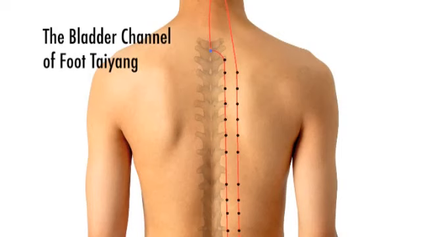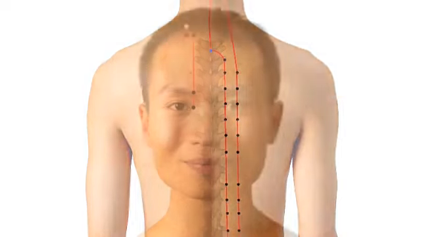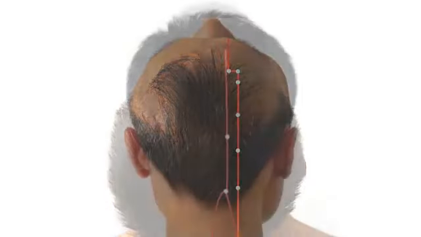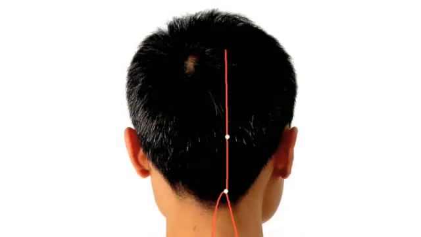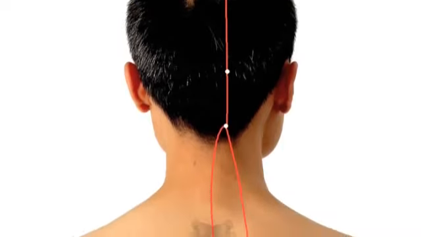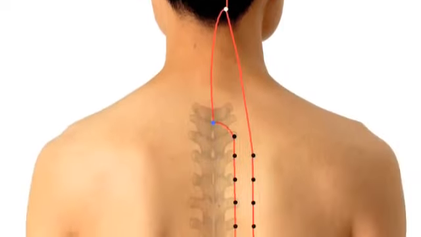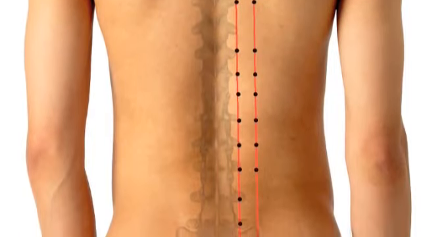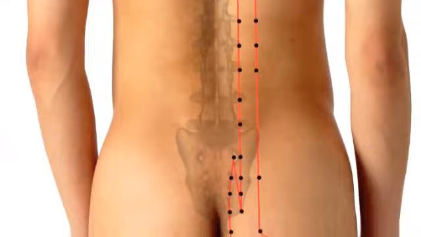The bladder channel of foot Tai Yang commences just medially and superiorly to the inner canthus of the eye. It ascends the forehead and once into the hairline, moves slightly laterally before travelling across the head to the nape of the neck at bladder 10. From bladder 10, the inner bladder line passes through Du 14 and then descends the length of the back 1.5 sun lateral to the posterior midline to bladder 30 on the buttock.